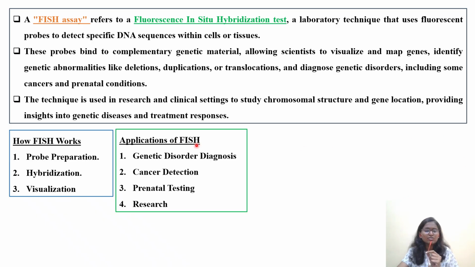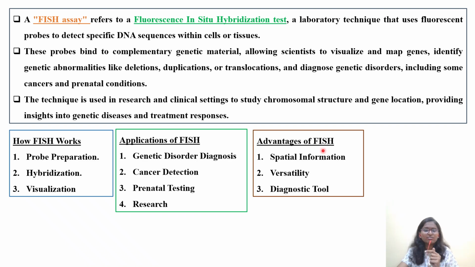Coming to applications of the FISH technique, we have genetic disorder diagnosis. It can be used for cancer detection. It can also be used for prenatal testing, for prenatal conditions, and it is also used for research purposes.